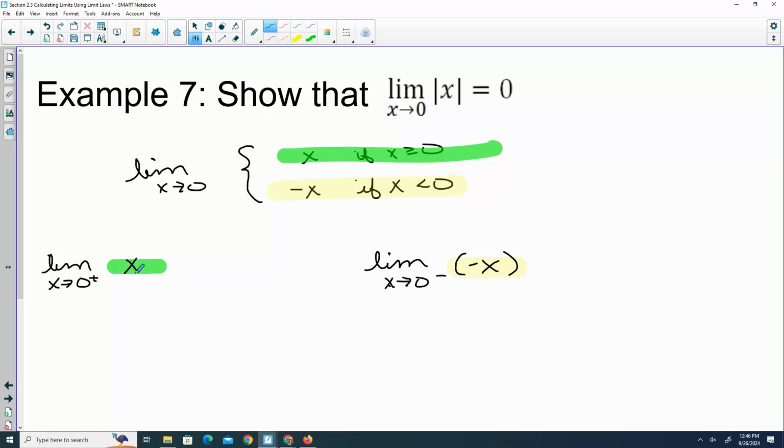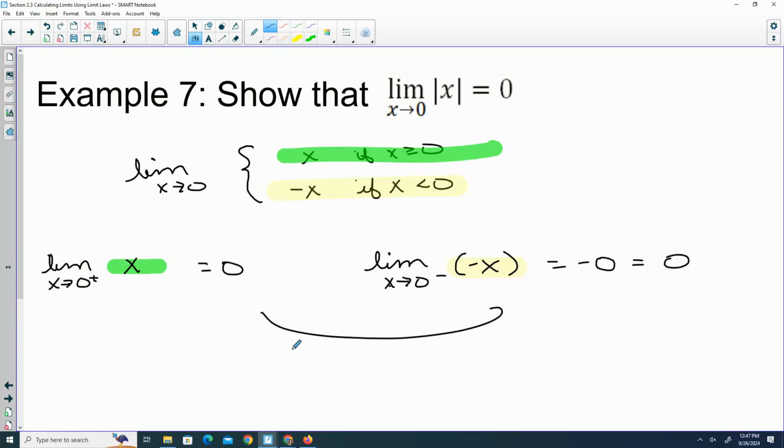All right, but isn't x just a polynomial? So our limit laws say we can just plug in. Whether you're approaching 0 from the right or left, when you go to plug it in, it's just 0. So if I replace my x with the 0, I get 0. If I replace this one with the 0, the opposite of 0 is 0.